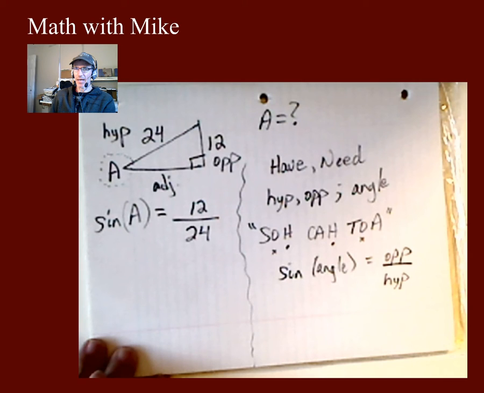Well, we've got to take the inverse of sine. The inverse of sine, that is the inverse of whatever trig we have here, will undo it. So just like the 2 is gone over here, this sine will be gone when we take the inverse of it.